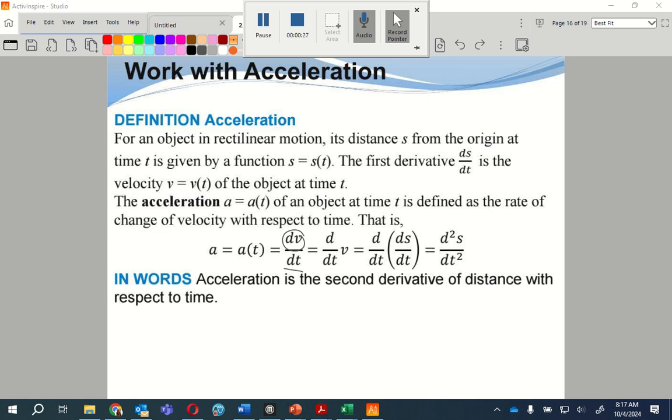The first derivative, ds/dt, that's the Leibniz notation, so we're taking the derivative of s in terms of t, is the velocity v of t at the time. And then the acceleration a of t of an object at time t is defined as the rate of change of velocity with respect to time.